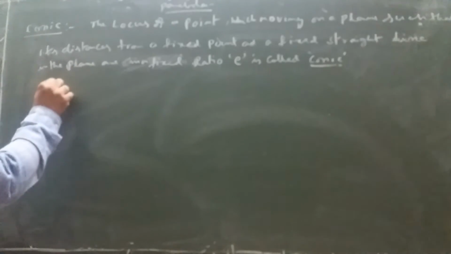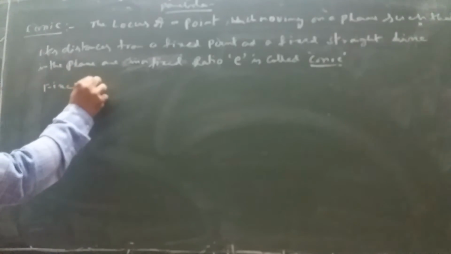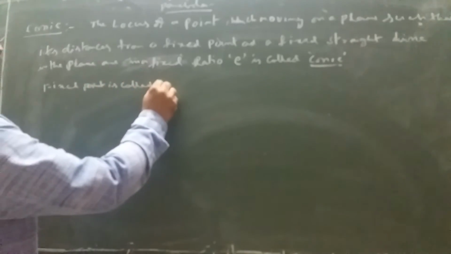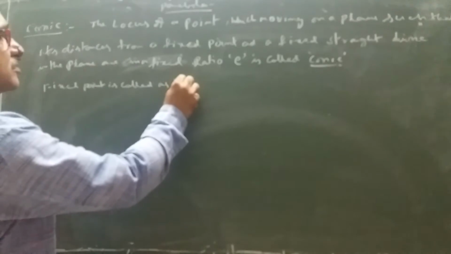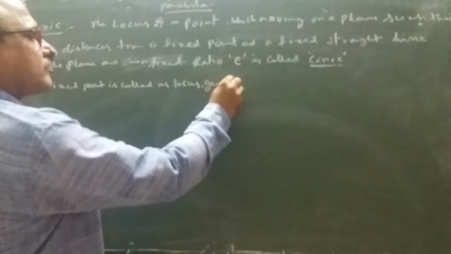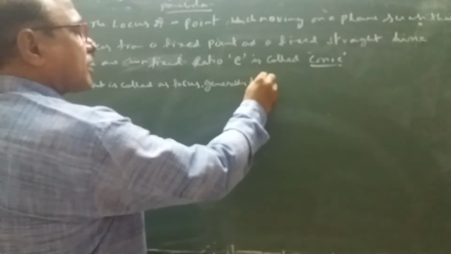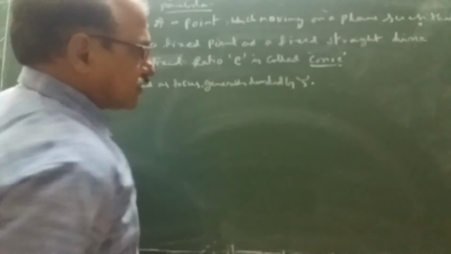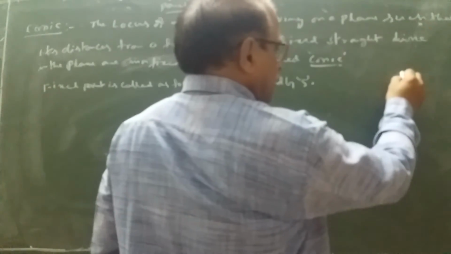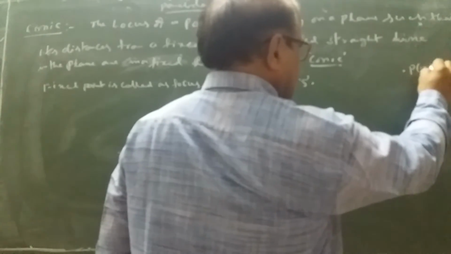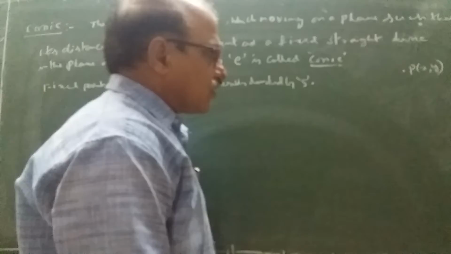In this, the fixed point is called the focus, generally denoted by the letter S. If we draw the figure, suppose P(x1, y1) is a point on the locus.